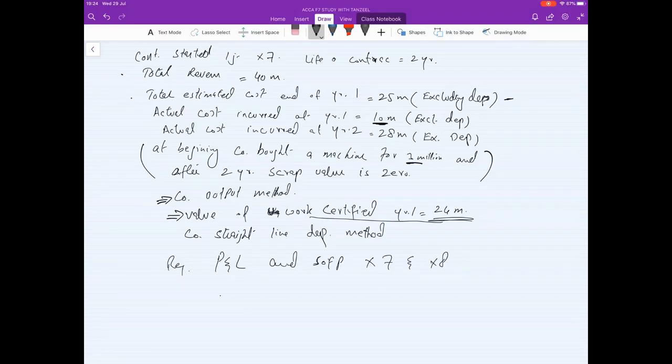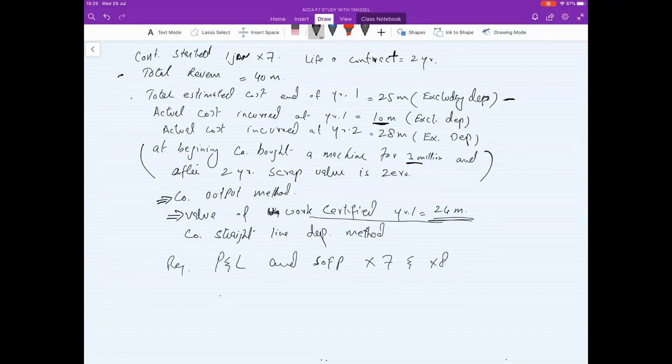Let's do this example. Contract started January X7. Life of the contract is 2 years, a 2-year contract. Total revenue 40 million, and total cost at end of year 1 is 25 million excluding depreciation, meaning depreciation is not included. Actual cost incurred after 1 year was 10 million out of 15 million, excluding depreciation.